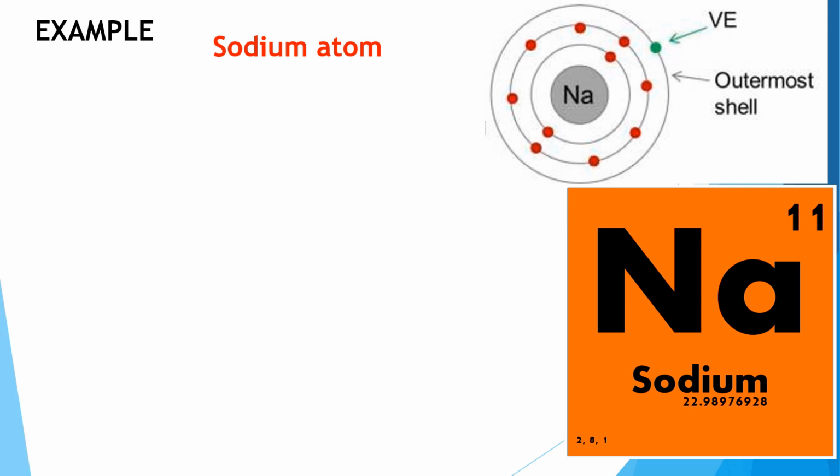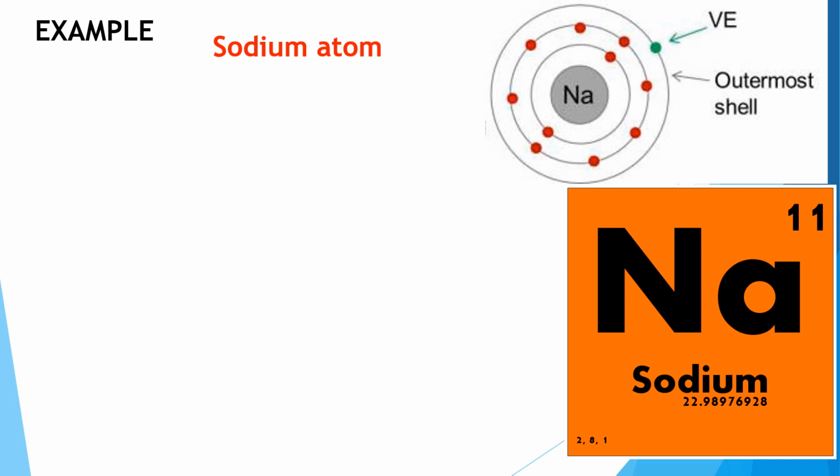The proton number is equal to the number of protons that have a positive charge, and equal to the number of electrons that have a negative charge. So the distribution of electrons is 2, 8, 1.